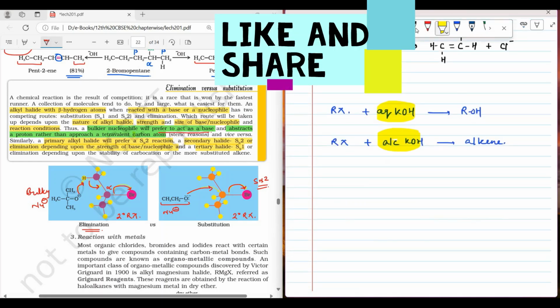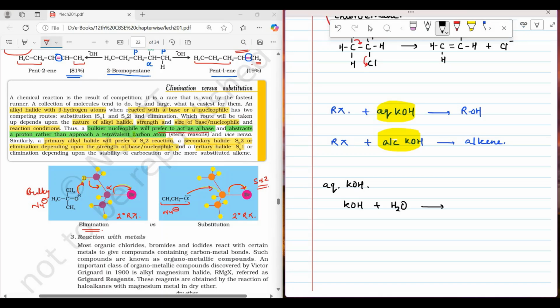Now let's try to understand it. In case of aqueous KOH, to make the solution, KOH is mixed with water. And you know, when a base is mixed with water, it results in the formation of OH negative ion.